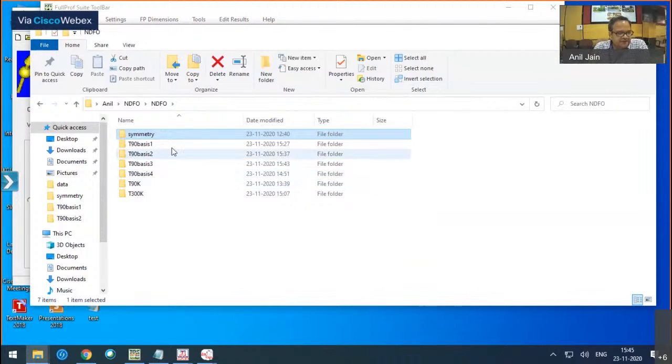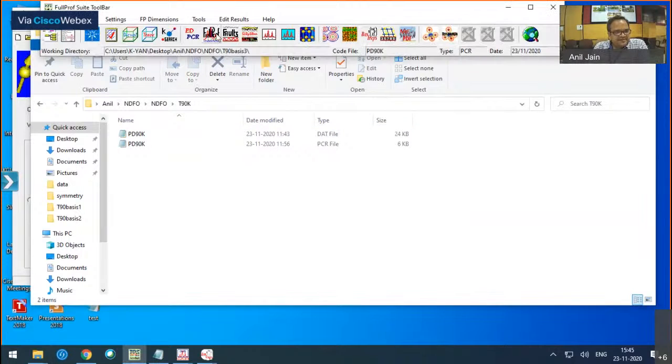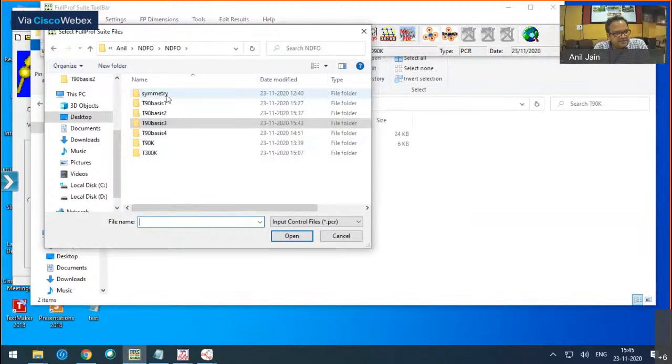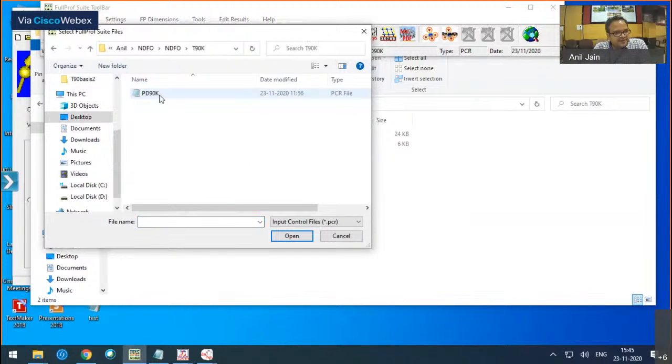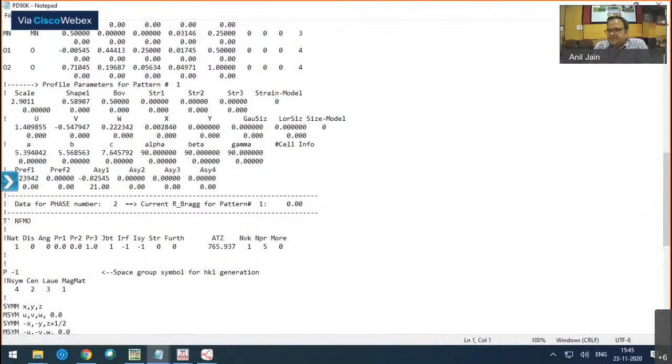So this information now is in terms of the symmetry operators, and let us see how this PCR file looks now. The first part here is still the same as previous.